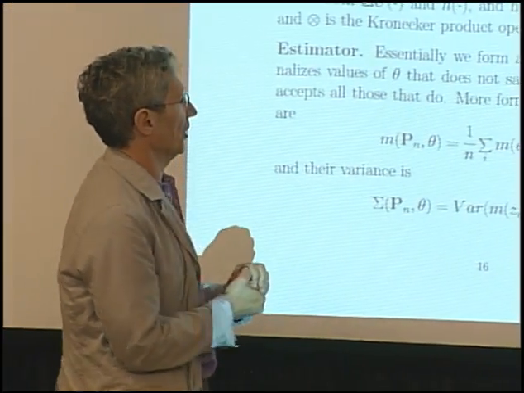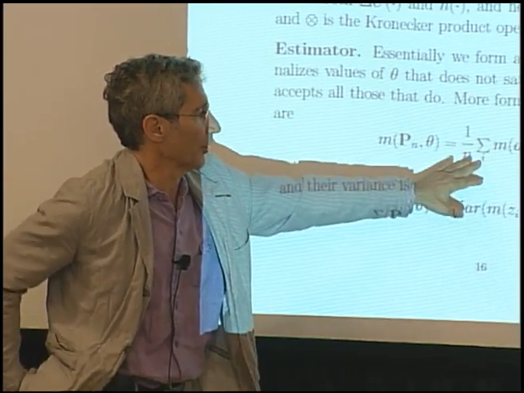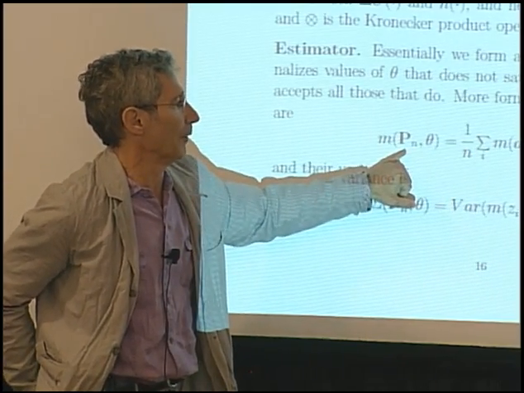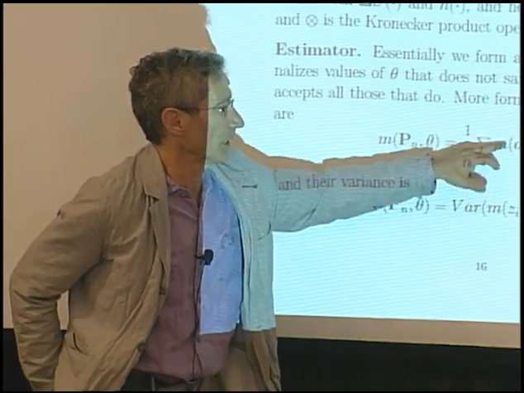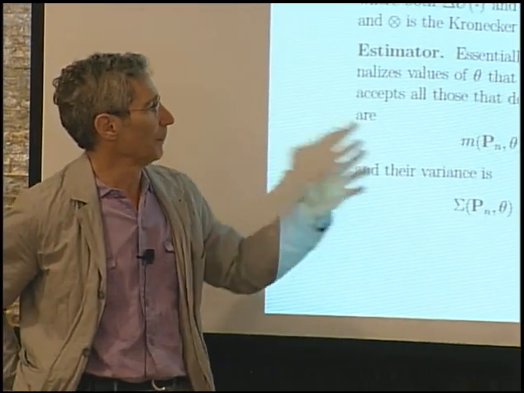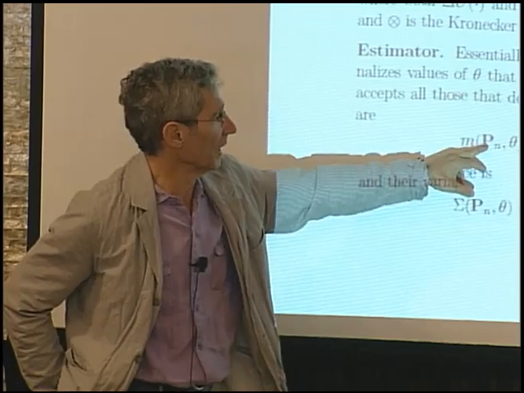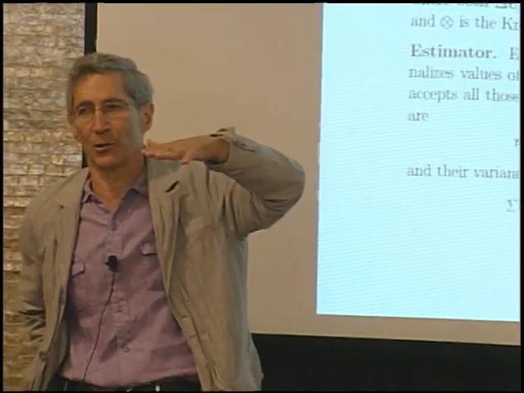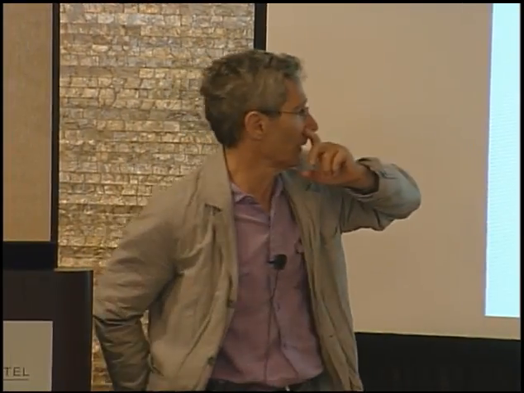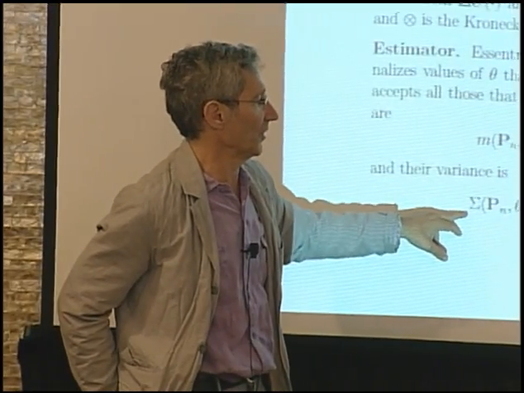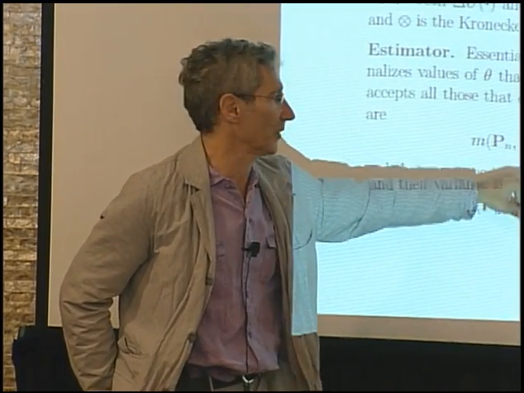So here's my notation. I'm just going to take the averages. M_PN of theta is the average over the individuals in the sample. PN is the empirical process, the distribution of individuals, so it's just 1 over n on each individual. And there's a variance, sigma_PN, of these moments across individuals.